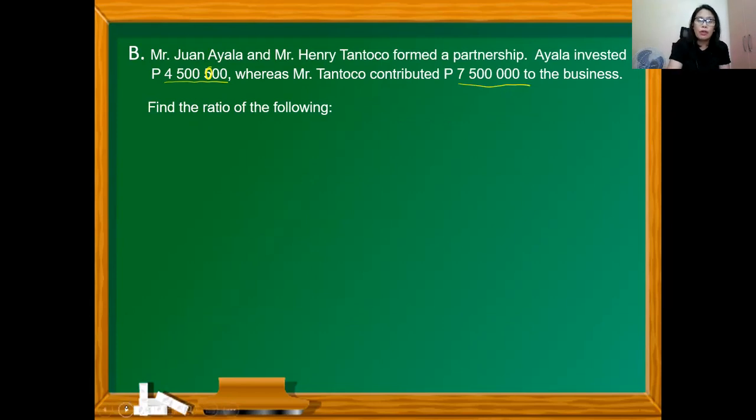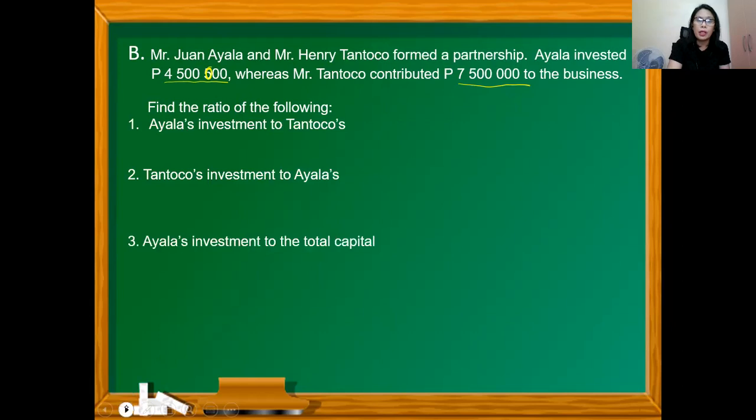And we are asked to work on the ratio of each of the following. Okay, so Ayala's investment to Tantoco's. The first value would be Ayala's, so this is 4,500,000 to 7,500,000. And we have to work on their common factor.